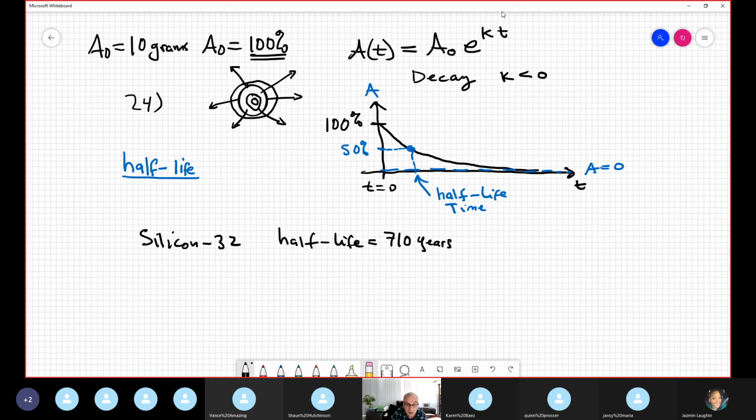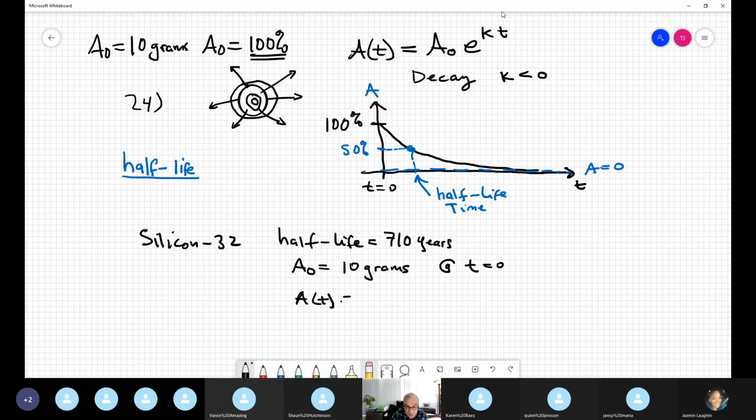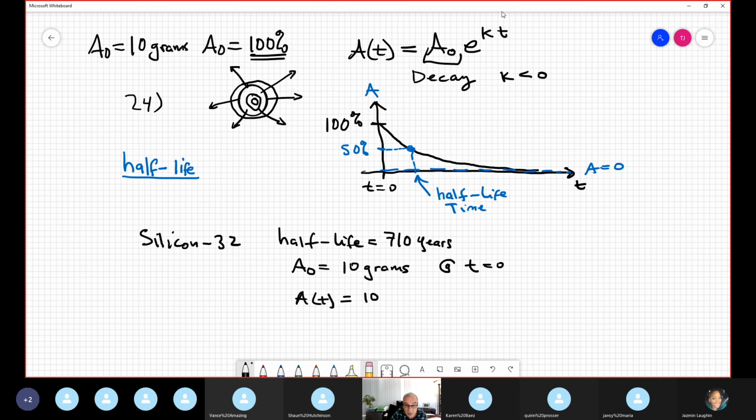At the beginning, A null, the initial amount of substance, is 10 grams. It's present now, at t equals 0. So my equation so far is amount of substance at any time is equal to 10 grams. A null is 10 grams in our specific problem.